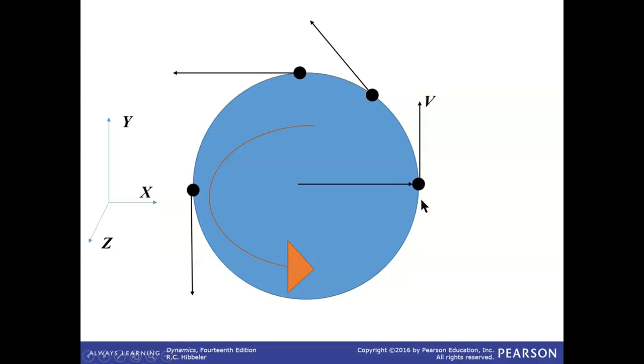Velocity is always perpendicular to the position vector and points in the direction of rotation. So this v is the velocity for the point on the right hand side. For this point, this is the velocity vector. For this point, the velocity vector is going left, and for this point, the velocity vector is going down.